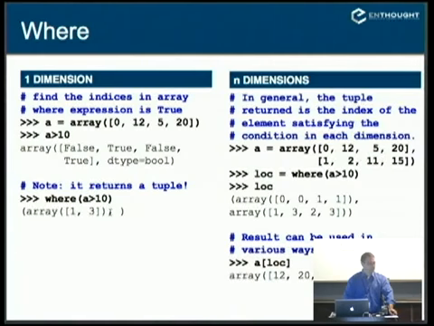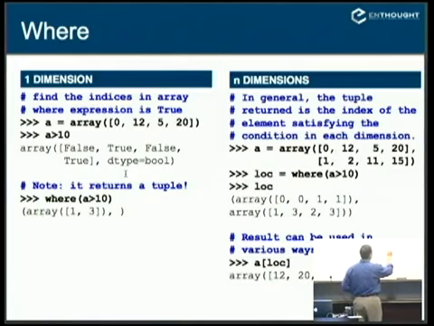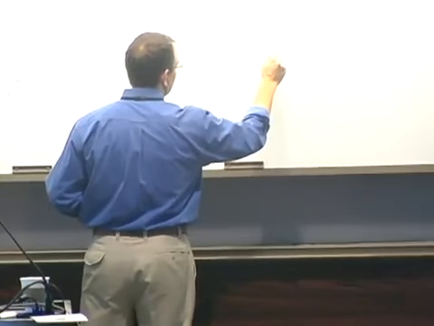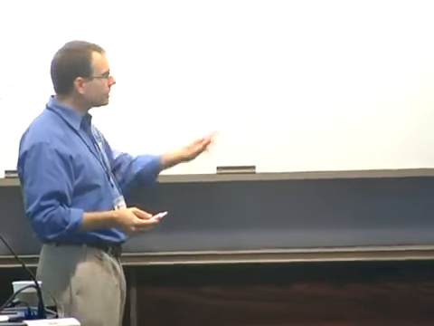There is a gotcha here, and that is, it doesn't just give you back the raw indices. It's kind of like shape. It gives you back a tuple. And this is very painful when you're dealing with 1D data all the time, because you will end up writing a whole lot of this: where a greater than 0, then index 0.